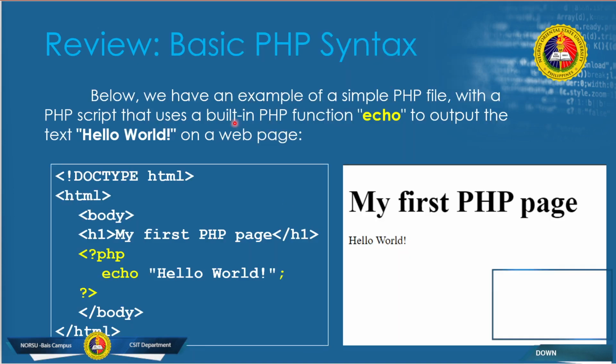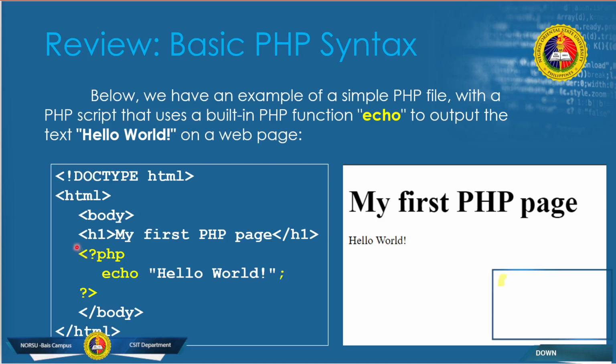Alright, so this is an example of a basic PHP syntax. First and foremost, the power of PHP is that you'll be able to design it. However, you cannot design it directly in the PHP script. It has to be embedded in an HTML file so that it can be designed. So in this case, we have a standard HTML structure, and inside the body, that's where we add the PHP scripts.